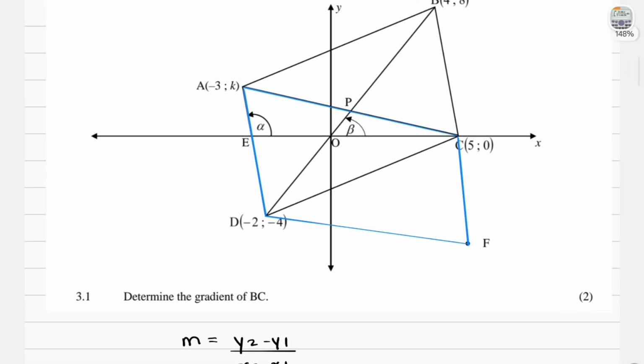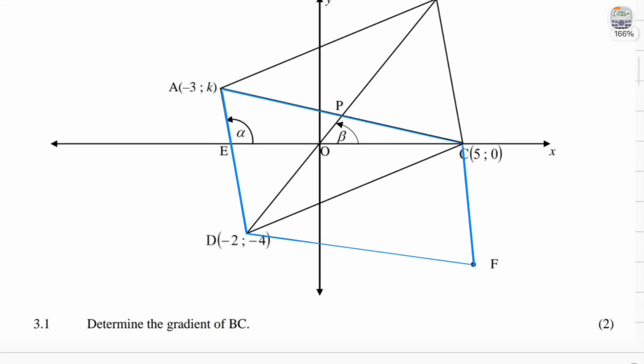Okay, so there are a number of ways to prove that a shape is a parallelogram. And one of the ways, and it would be an easy way here in this case, is to show that the diagonals bisect each other. So if you connected AF and DC, those diagonals bisect each other.